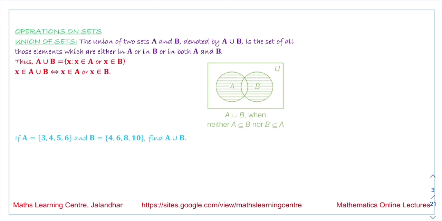Union of sets means if we are given two sets A and B, then the union of sets is denoted by A union B, and it is another set.